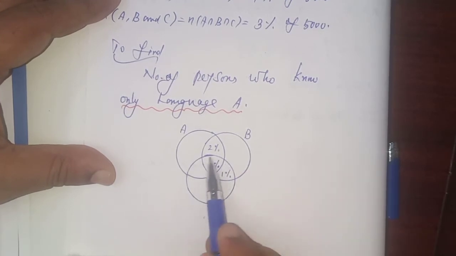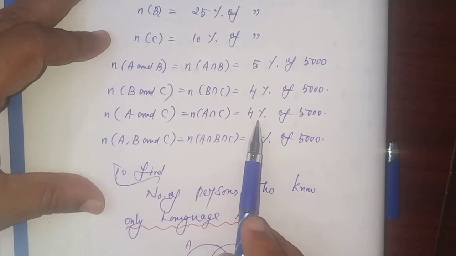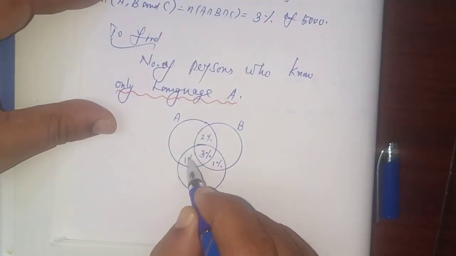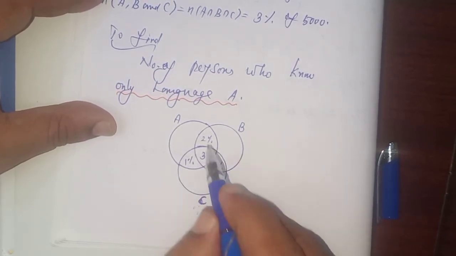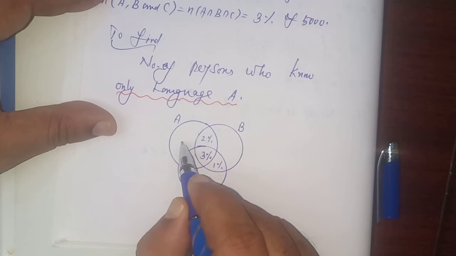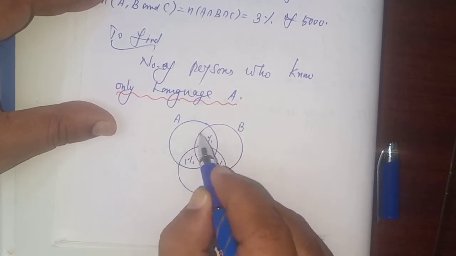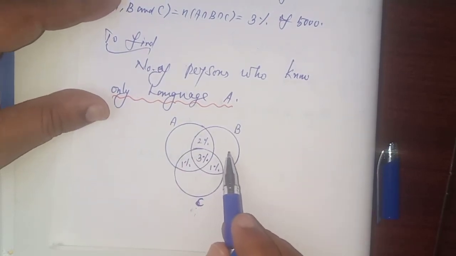This portion belongs to A and C. A and C, here it is, once again 4%. Since it is 3%, what is the balance? 1%. 1% plus 3% together, 4%. Now, we have to fill this portion. This empty portion represents A only. This represents B only.